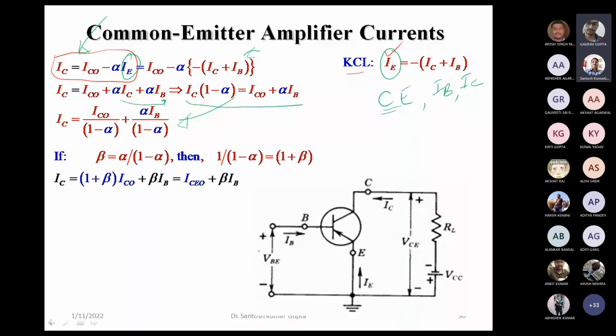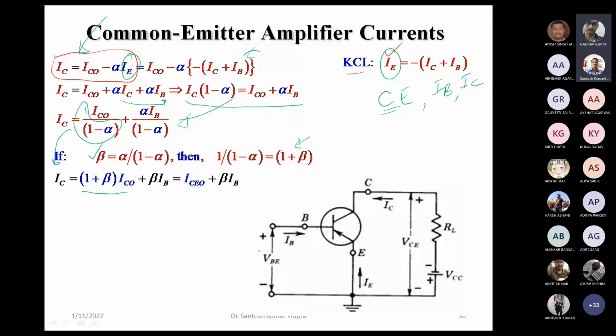From here we define the coefficient alpha upon 1 minus alpha to be beta, and 1 upon 1 minus alpha, which we can see in the first term, can be written as 1 plus beta. So the above equation, IC equal to ICO upon 1 minus alpha, can be written as 1 plus beta ICO plus beta IB.